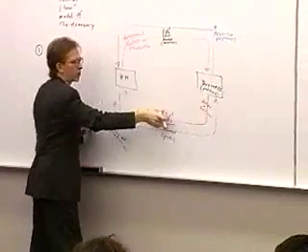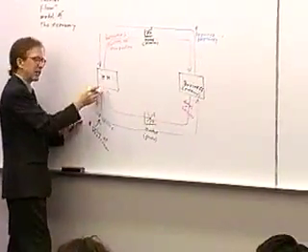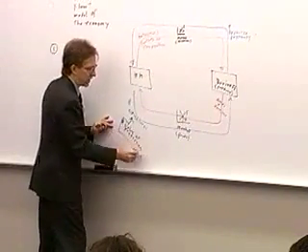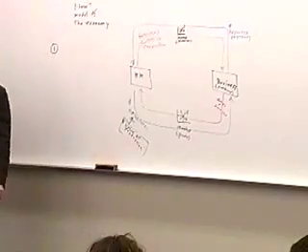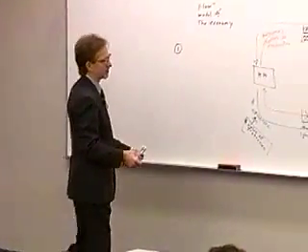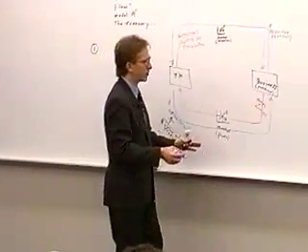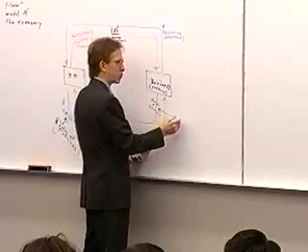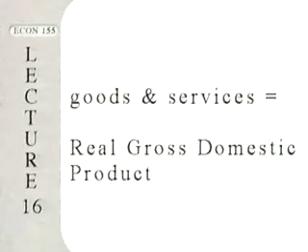Production occurs there, and the goods come over to the household sector, and then the household sector has to hand money over. And that money that the household sector is handing over, that's the value of production. This thing over here, goods and services, this really is what corresponds to what I would call real gross domestic product.